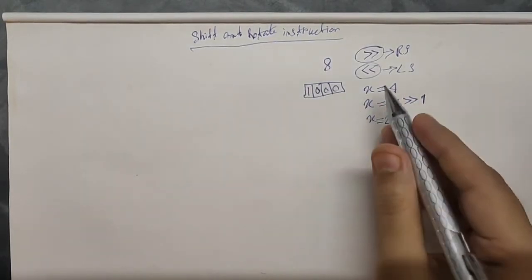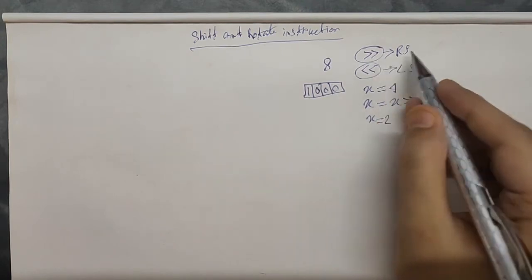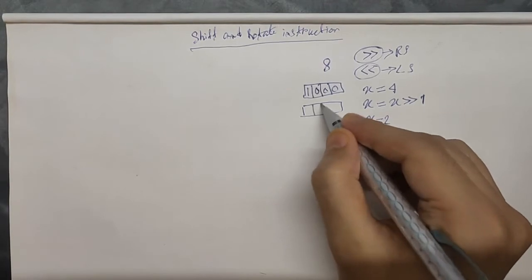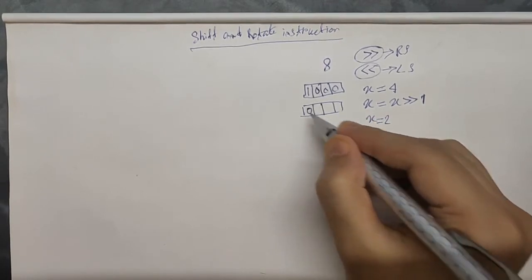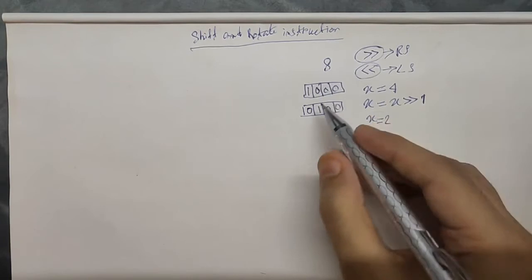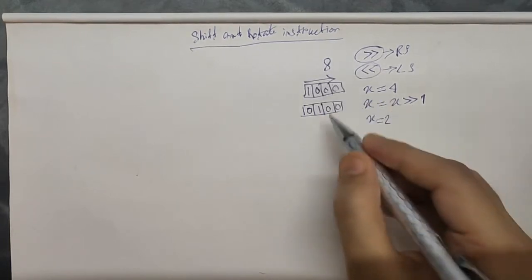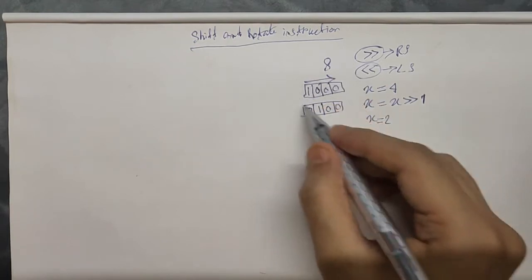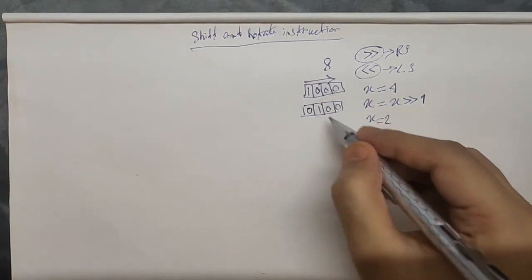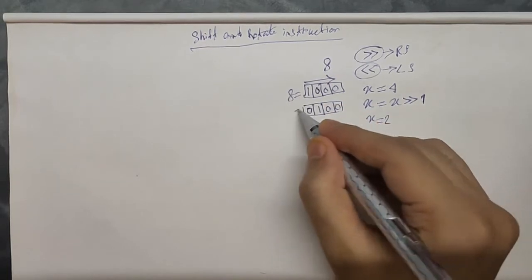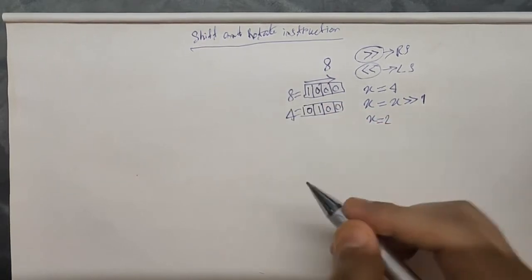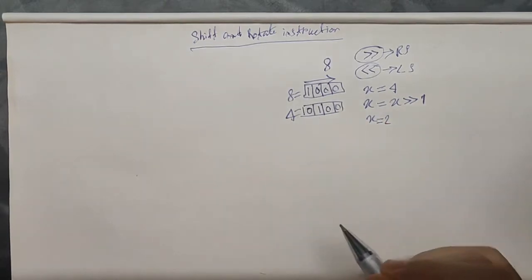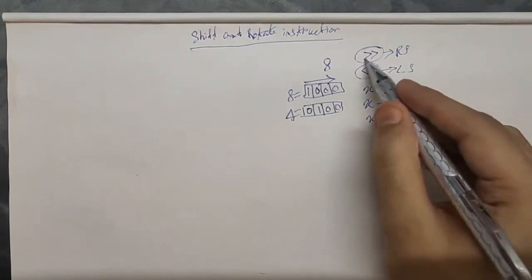If we perform right shift one time, then the value will become 0100 because we are shifting the bits one time. You can see this value is 8 and this value is 4 in decimal, so the value is divided by 2. That's why we have this right shift.